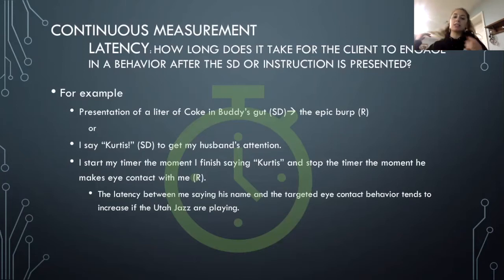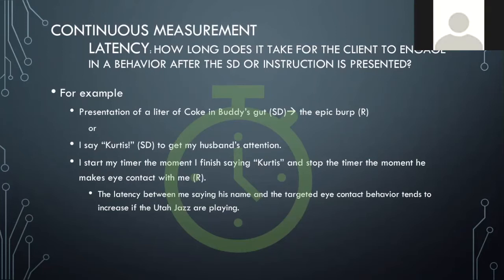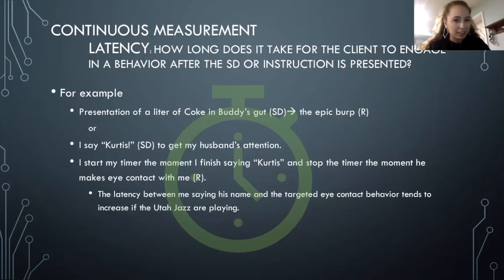That's because this client typically has a 5 to 7 second latency between the time you say their name and the corresponding eye contact. So I think we use it a lot in that context, where it's just wait before you prompt, before you mark an incorrect, for that 5 to 10 second latency. Does that make sense?